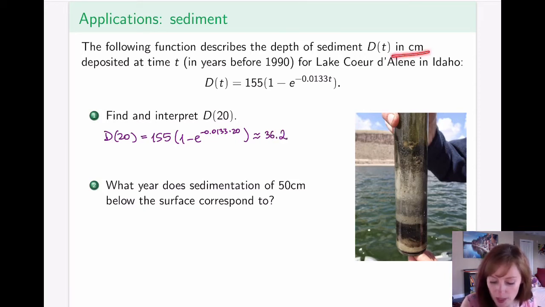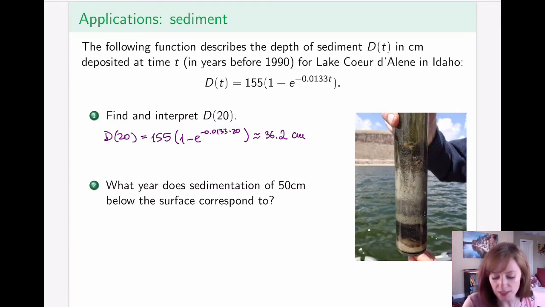We look back at our units: it's measured in centimeters. So that means that 20 years before 1990, which is of course 1970, the sediment we're looking at is 36.2 centimeters below the surface. At 36.2 centimeters, this is the level that corresponds to the year 1970.